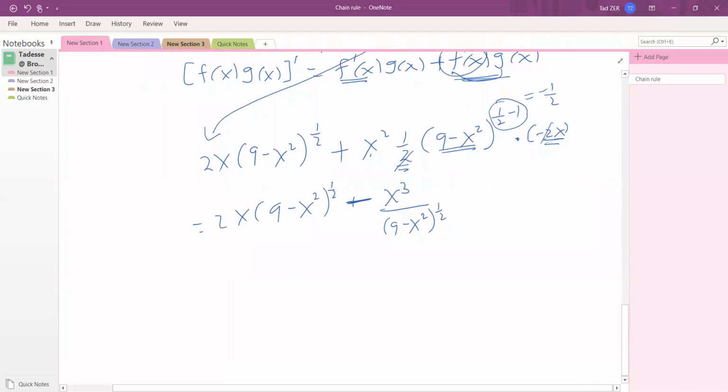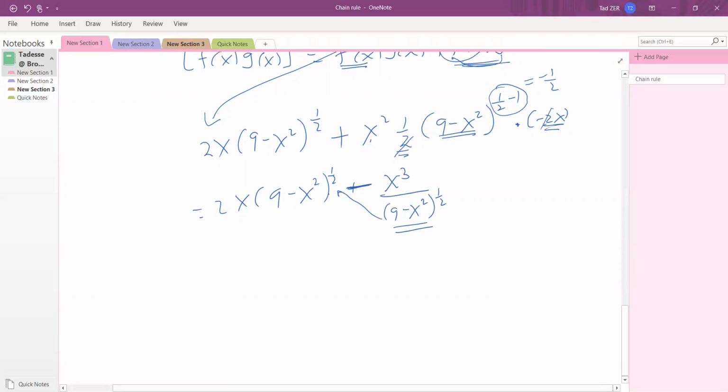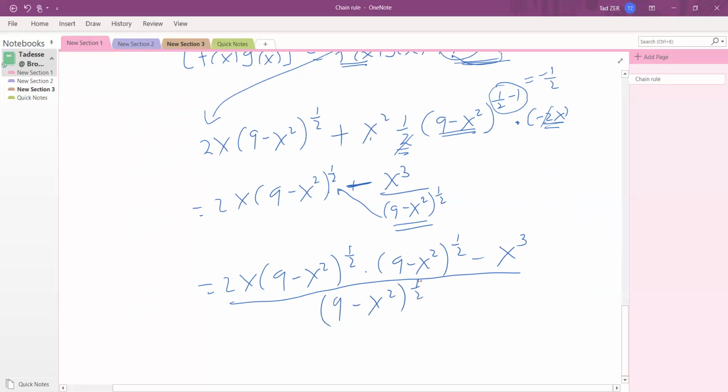Again, if you want to write this expression with a common denominator, I have to multiply this by this. So that would give me 2x times 9 minus x squared to the power of half times 9 minus x squared to the power of half, minus x cubed, everything divided by 9 minus x squared to the power of half.